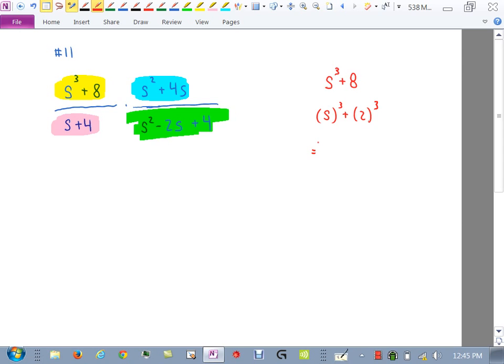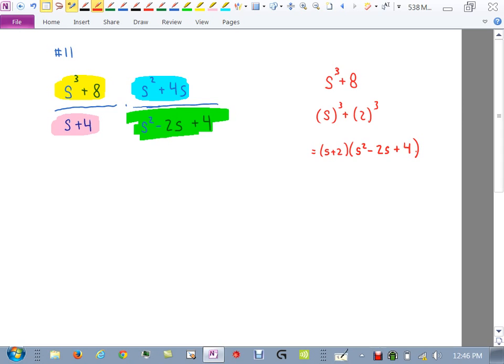And by the formula, which you have written down somewhere, this should turn into S plus 2 times S squared minus AB, which is 2S, plus B squared, which is 4. That's just what my top left one turns into, right?